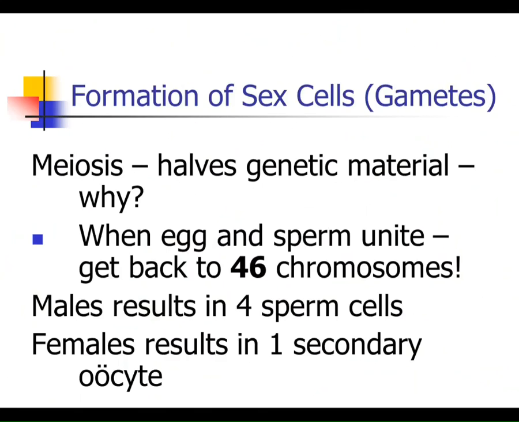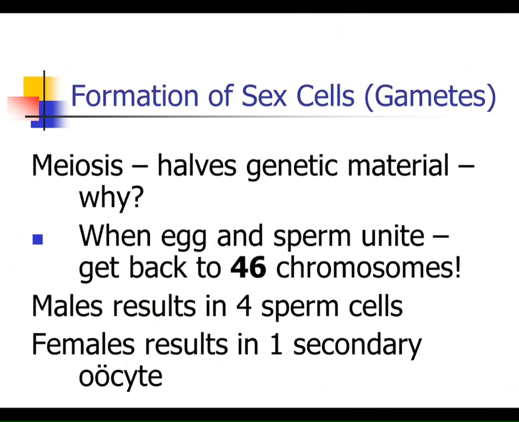If it weren't for meiosis, each time fertilization occurred, you would be doubling the number of chromosomes, right? An egg with 46 would be matching up with a sperm with 46, and now we'd have 92 chromosomes. So we have to get the number back to half, so that when the egg and sperm unite, we're reuniting back to 46 chromosomes.